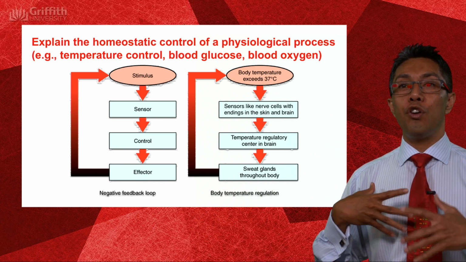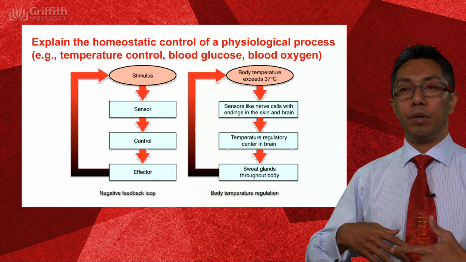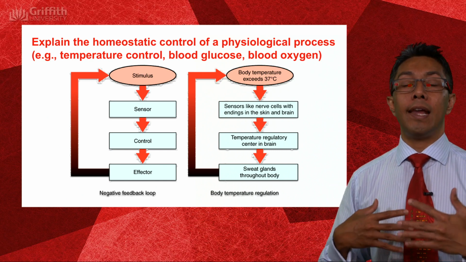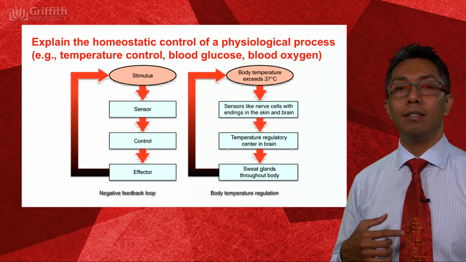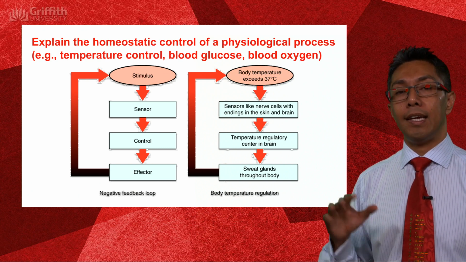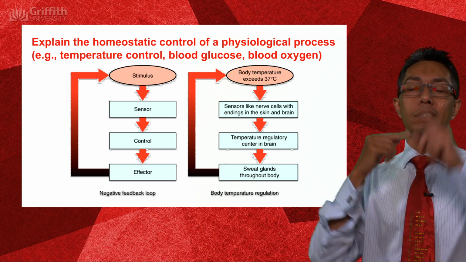Well, you've got nerve cells all around your body which detect your skin surface temperature, your internal temperature, and even your blood temperature. Yeah? So you've got a temperature sensor in, I think it's the carotid artery, just at the branch.